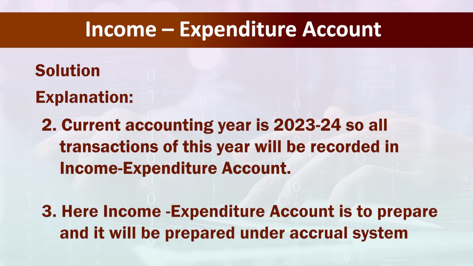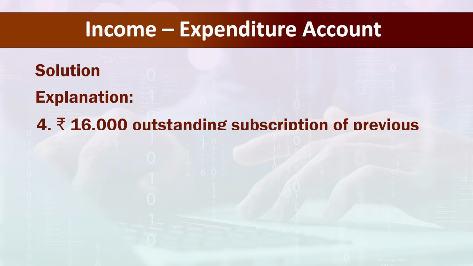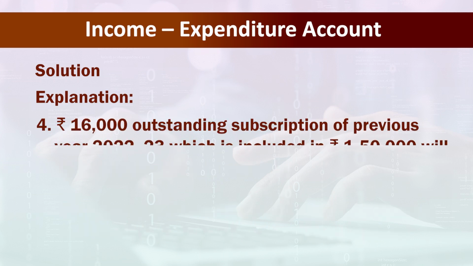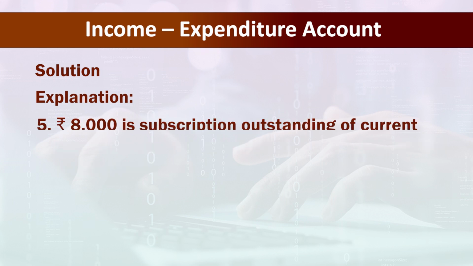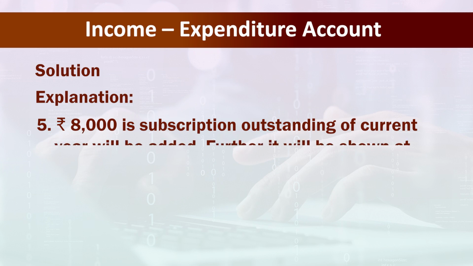Here, income expenditure account is to prepare and it will be prepared under accrual system. Rupees 16,000 outstanding subscription of previous year 22-23, which is included in 1,50,000 rupees, will be deducted. Rupees 8,000 is subscription outstanding of current year will be added.